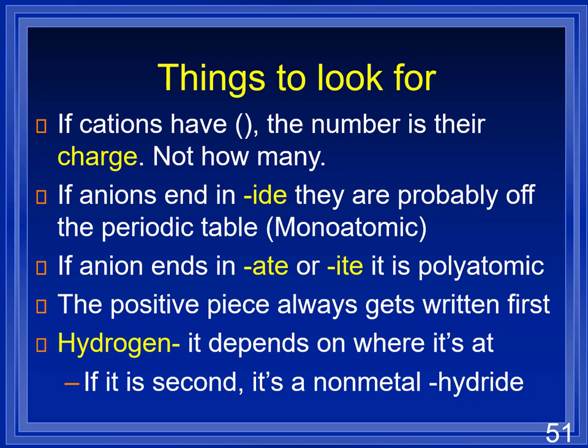Hydrogen. If it's negative, we name it like a nonmetal. Nonmetals, we change the ending to IDE, so hydride. So the hydrogen ion is H with a 1 plus charge. The hydride ion is H with a 1 minus charge. So location, location, location for hydrogen.